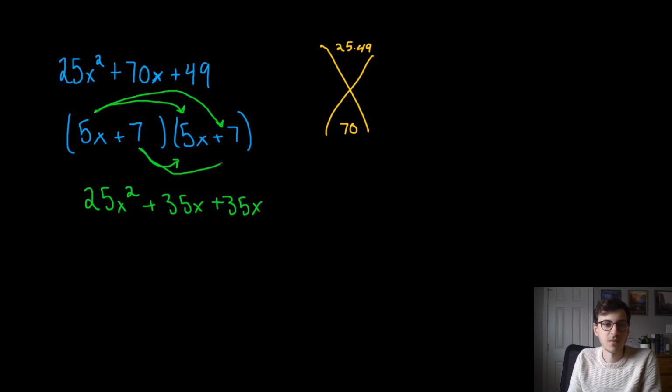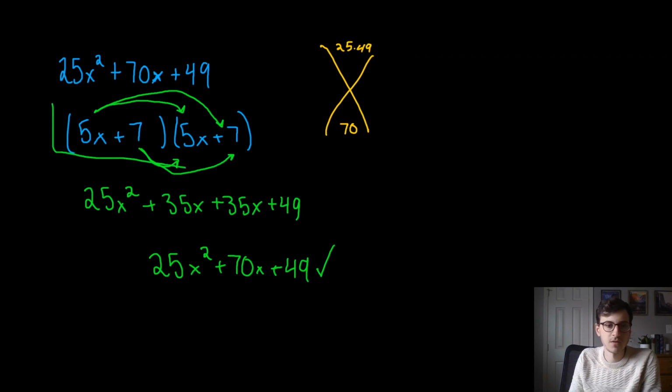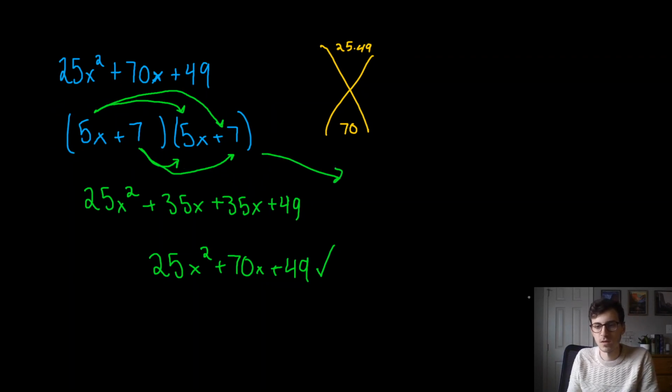And 7 times 7 is 49. So then, after combining like terms, I get 25x squared plus 70x plus 49, which is what I started with. That means that my answer is 5x plus 7 times 5x plus 7. Or, I guess really I should write it like this, right? Because remember, if we have something multiplied by itself, that would be 5x plus 7 squared.